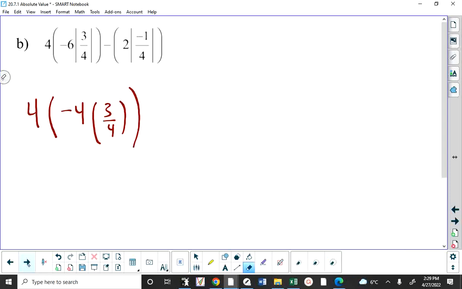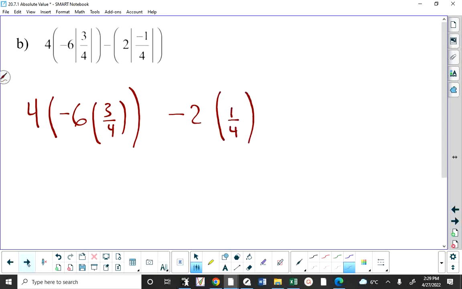Then I have minus 2 times the absolute value of -1/4, which is just 1/4. So all I've done in this step is I've just rewritten it, but because it was the absolute value of a negative for the 1/4, I got rid of the negative when I dropped the absolute value signs. It's just a matter of cleaning this up now.